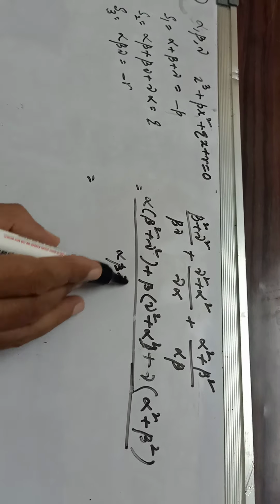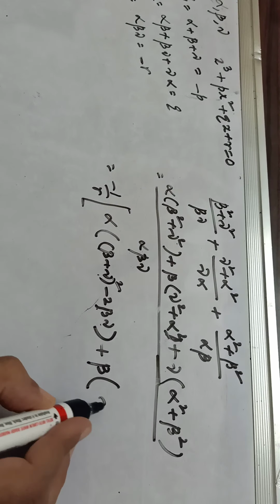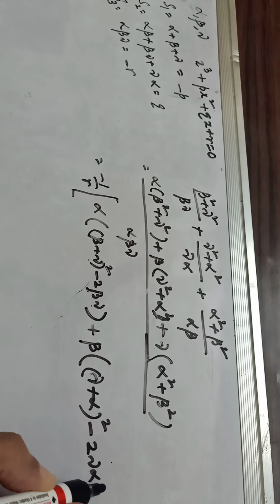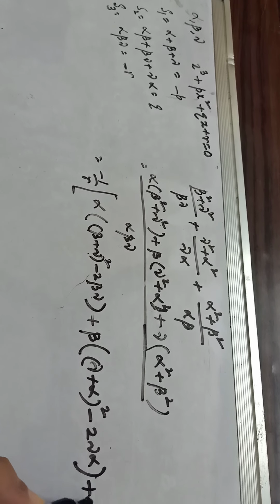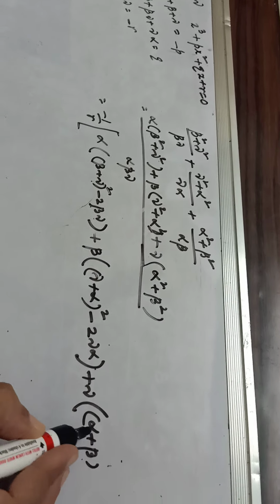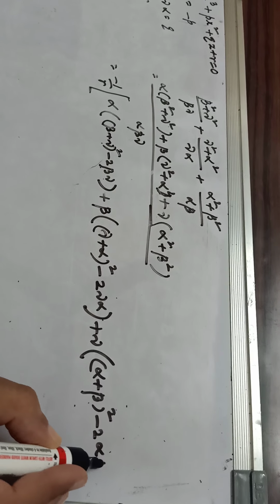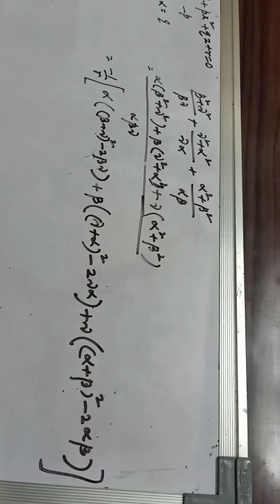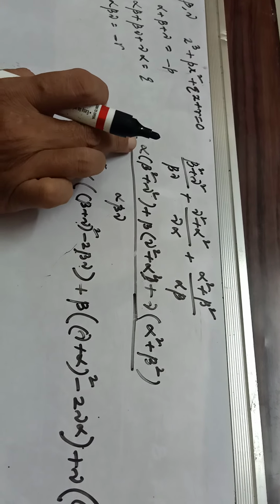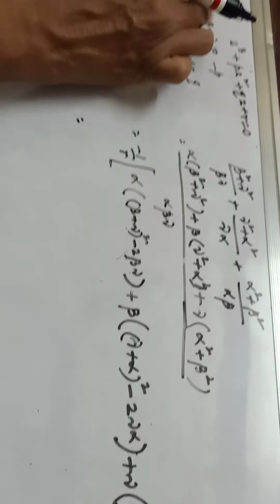Similarly plus beta into this can be written as gamma plus alpha whole square minus 2 gamma alpha, plus gamma into this can be written as alpha plus beta whole square minus 2 alpha beta. Here I want to convert this in terms of these three.